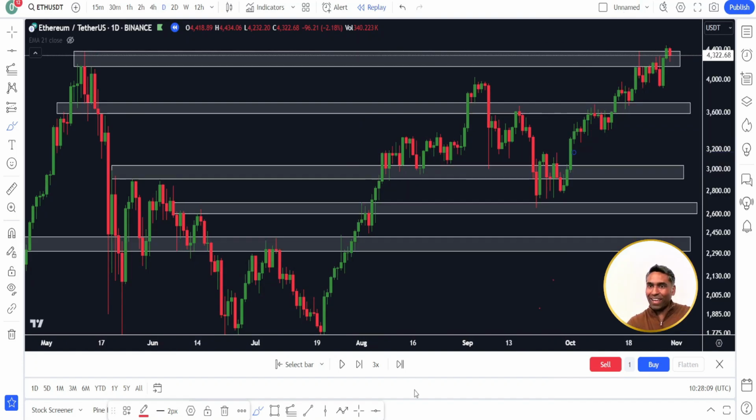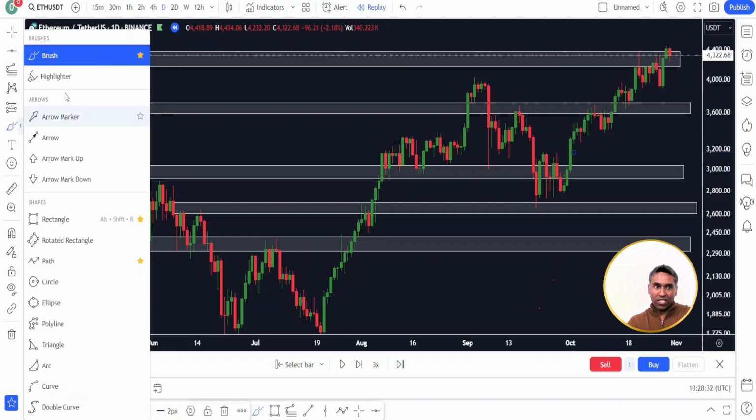If your chart looks like this, it's a better way to draw your support and resistance than the previous one, because the chart looks cleaner and you have identified areas. We have learned that support and resistance are not a line, they are areas on the chart where price can reject or where price can get support.